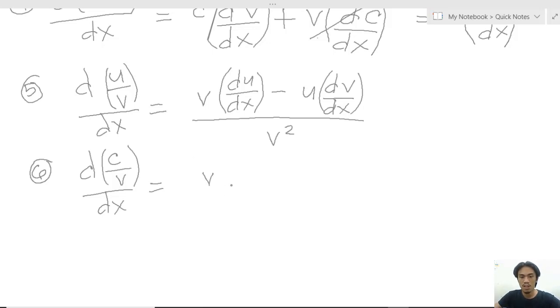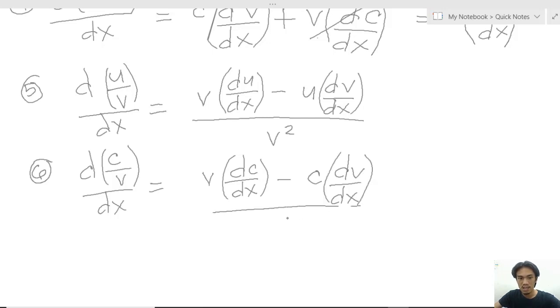Copy the denominator, multiply by the derivative of the numerator with respect to the variable you are considering, minus the numerator times the derivative of the denominator v with respect to x.